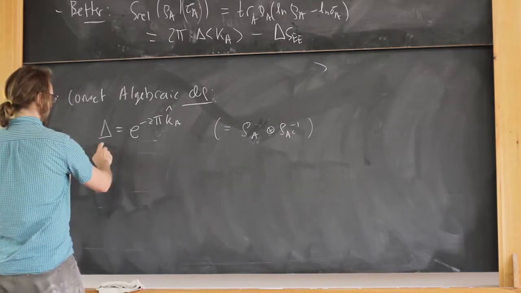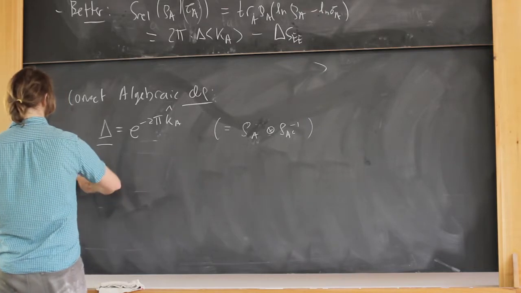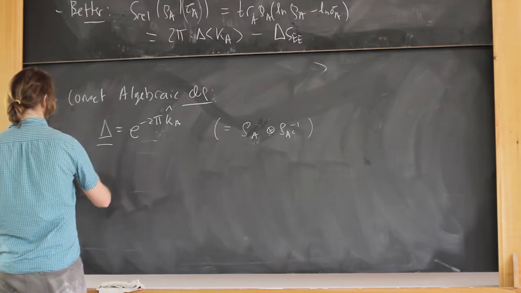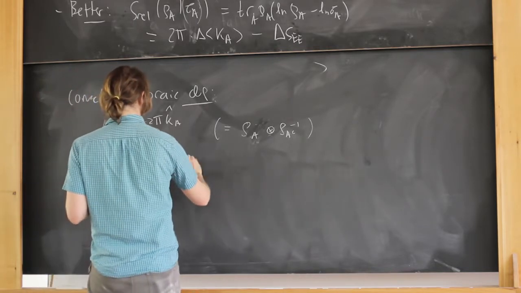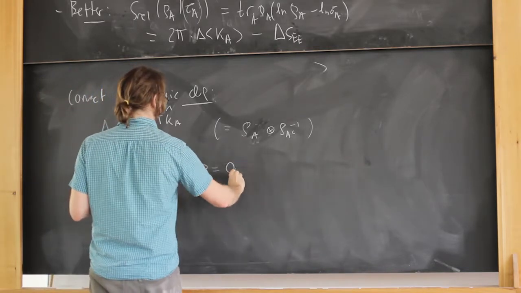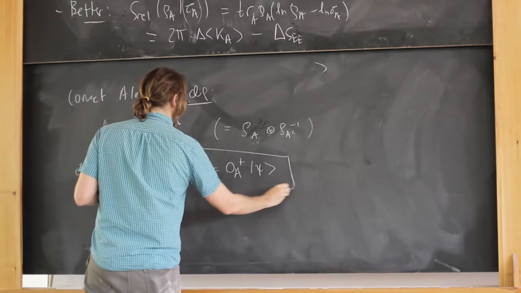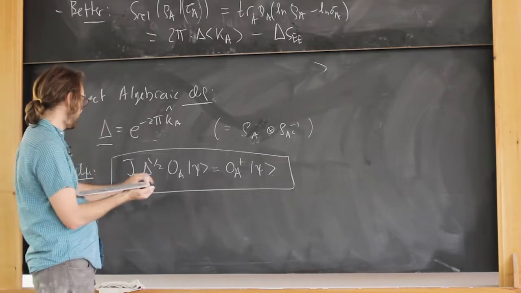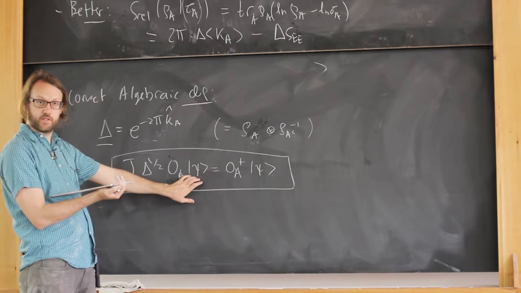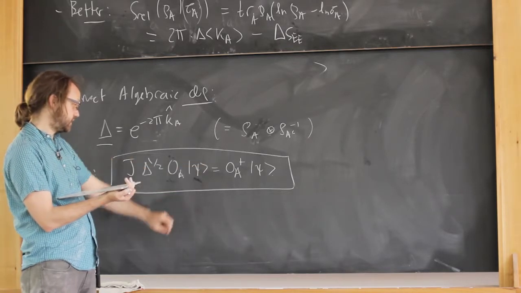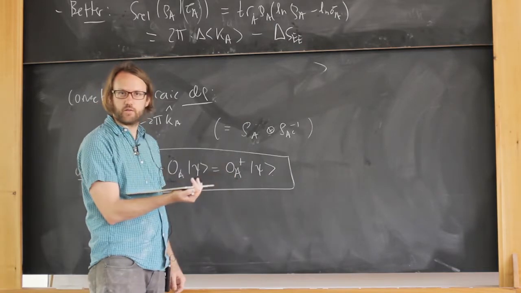Then basically we can define delta and J using the following equation. So this is an equation. It tells you there's some operator that acts on states, which are acting on this defining state psi, and gives back the dagger of that operator.